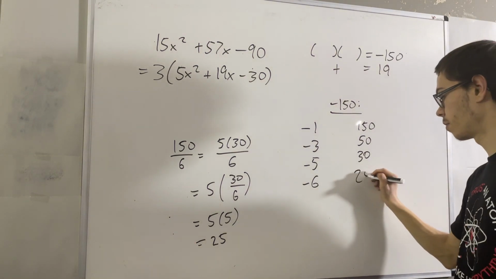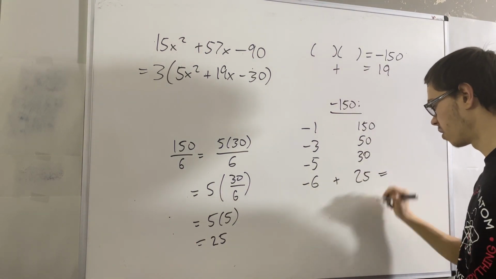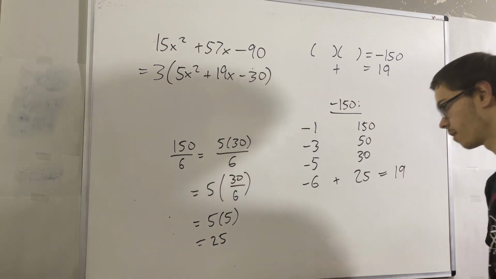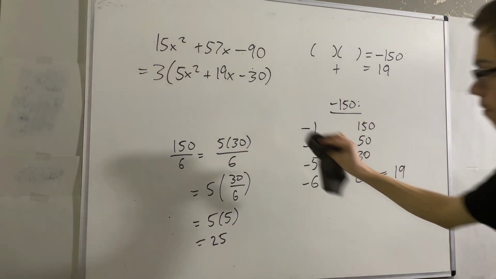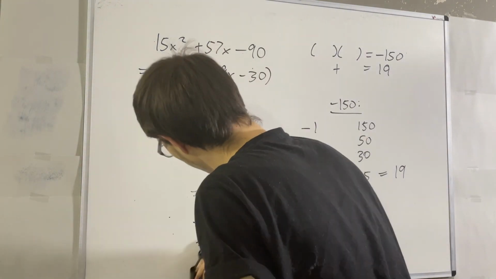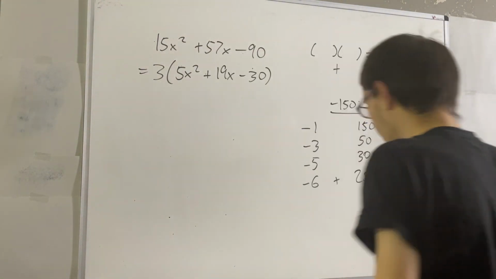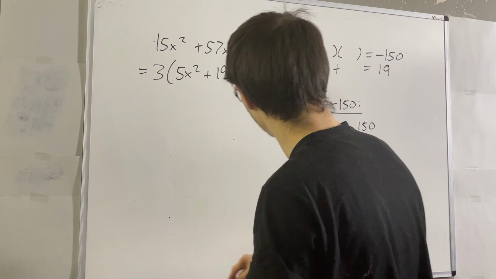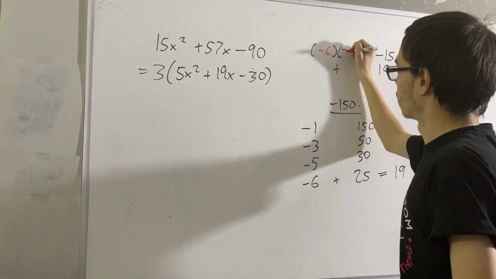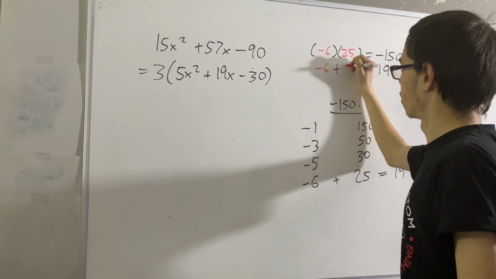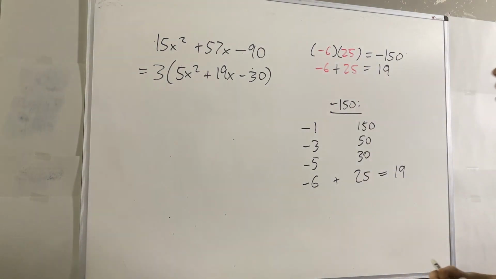So the pair that would go with this is 25, and sure enough, when you add those together, you get 19. So that's the pair we're looking for, 6 and 25, or negative 6 and 25, I should say. And so that is our pair.